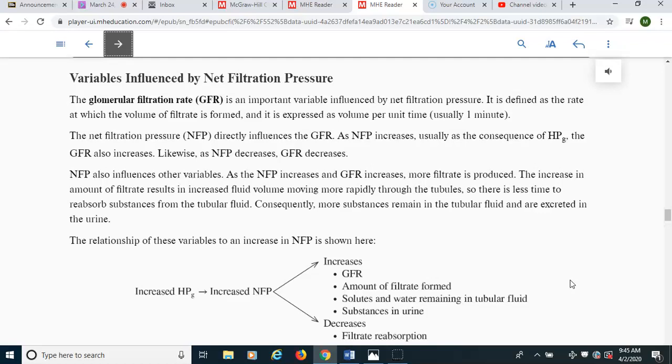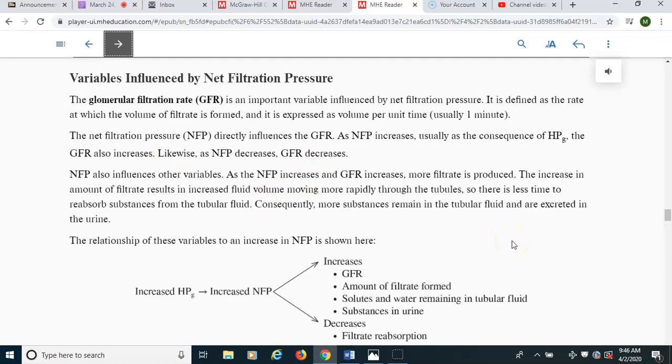keep it in the blood. So, all right, and so the glomerular filtration rate, you can imagine the net filtration pressure. If it goes up, then the glomerular filtration rate goes up. If it goes down, the glomerular filtration rate goes down. So they're directly related to each other. And we talked about this earlier.